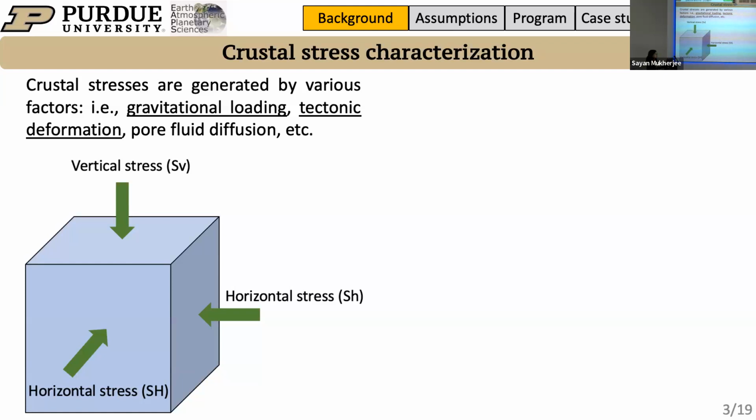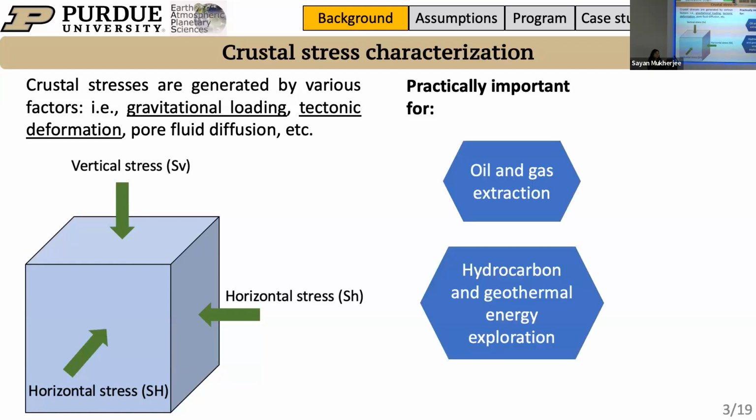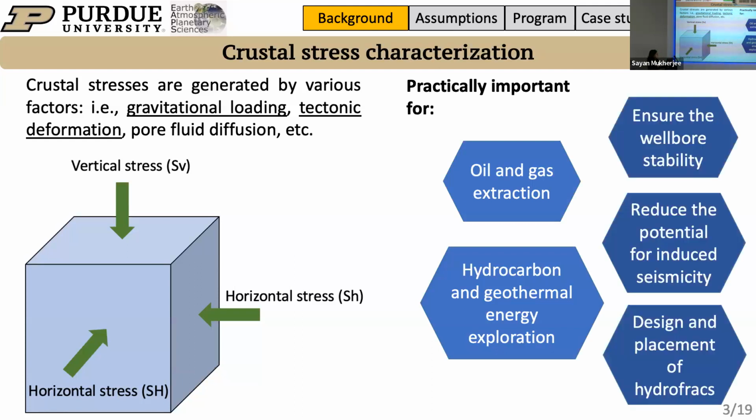The reason why we want to know the crustal stress is because for any kind of subsurface application, for example, oil and gas extraction or hydrocarbon and geothermal energy exploration, we all want to ensure wellbore stability. And also, if we want to inject something into the subsurface, we want to ensure we do not induce any seismicity. And also, we want to design the hydraulic fracture stimulation. Therefore, studying the crustal stress is very important.